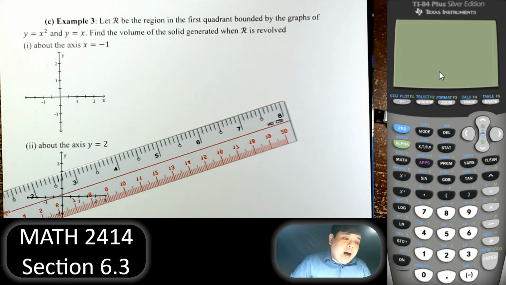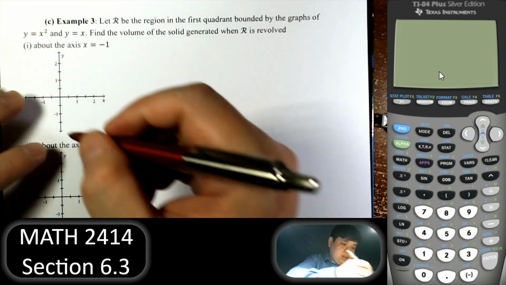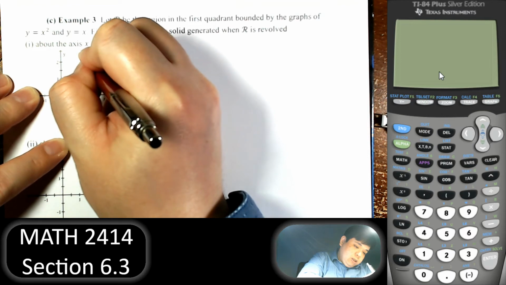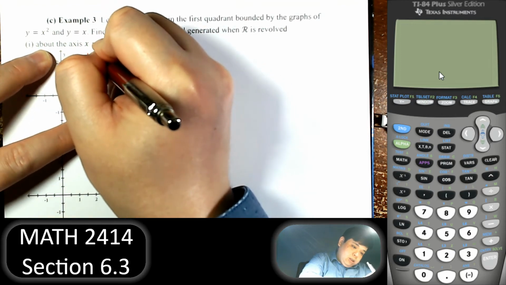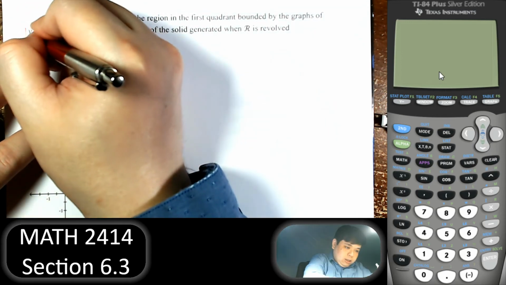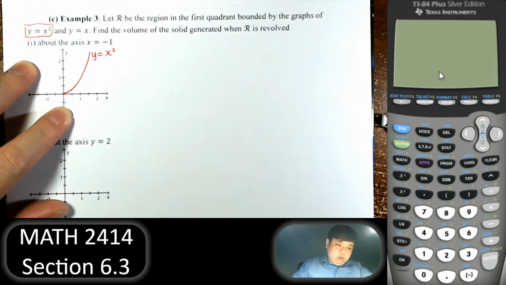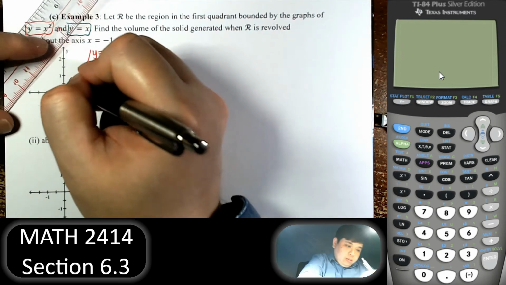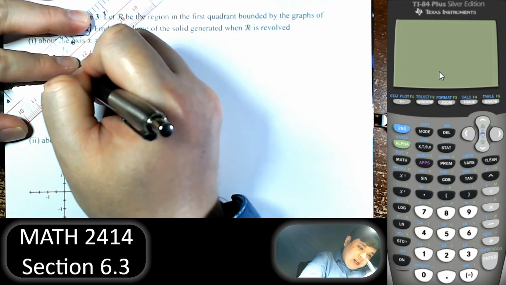Now, let R be the region in the first quadrant bounded by the graph y equals x squared, the parabola, and y equals x. Sorry, it's kind of very small.